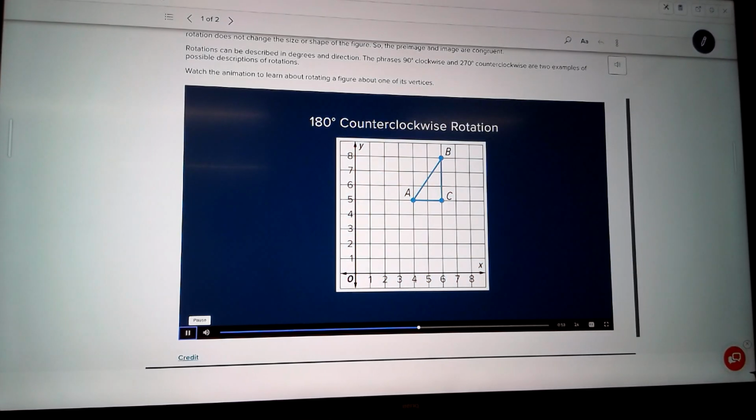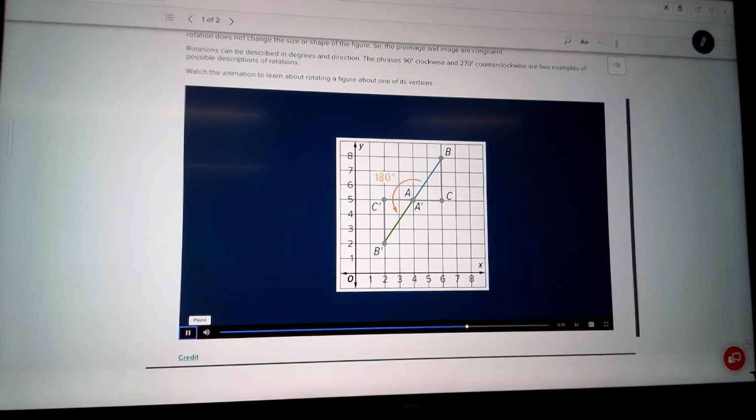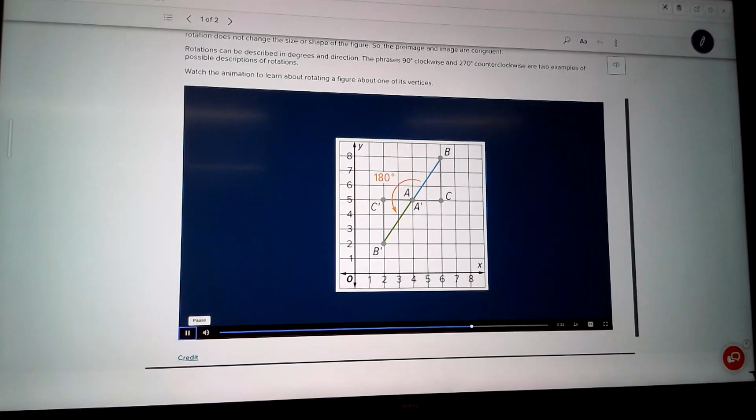Next, let's rotate triangle ABC 180 degrees about vertex A. In this example, we will rotate counterclockwise. Since vertex A is the point at which triangle ABC is rotated, A' will be in the same position as A. Point B is rotated 180 degrees, and point C is rotated 180 degrees.